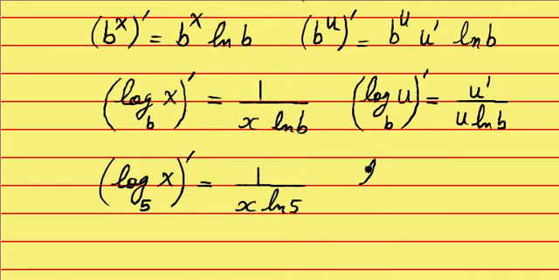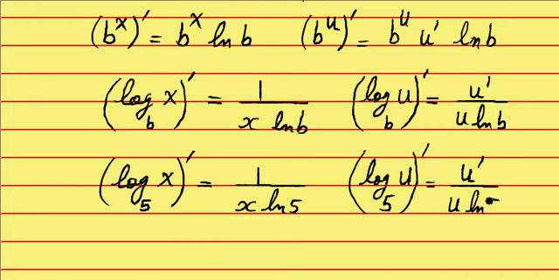So in this case, if I had logarithm of u in base 5 and I want to differentiate, I will have u prime over u logarithm of 5, whatever u might be, it's going to be used there.